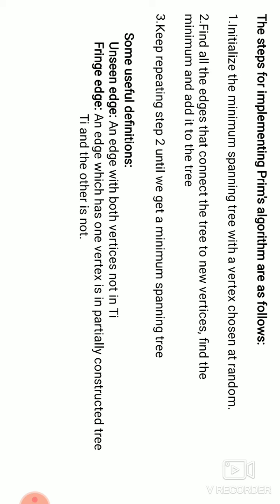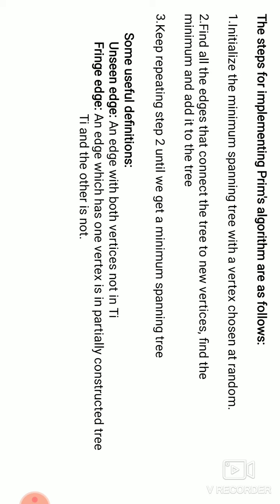That is, suppose you have vertices A and B and an edge connected between A and B. If we begin Prim's algorithm, we start to create a minimum spanning graph. So we choose one vertex randomly and take it as the initial vertex. Suppose we choose A as the initial vertex. Now A is in the set V dash, which is the set of vertices in the tree Ti, but B has not yet been visited.